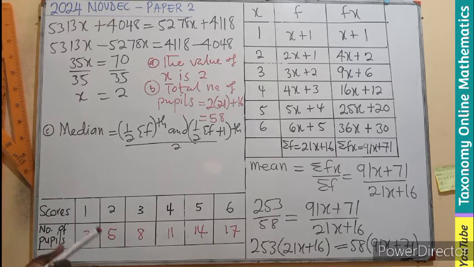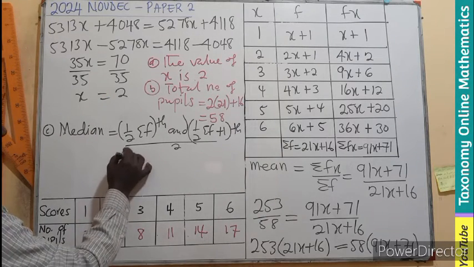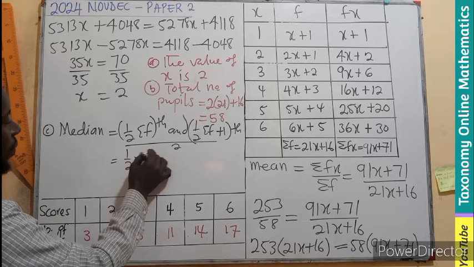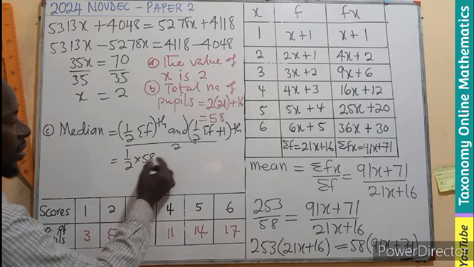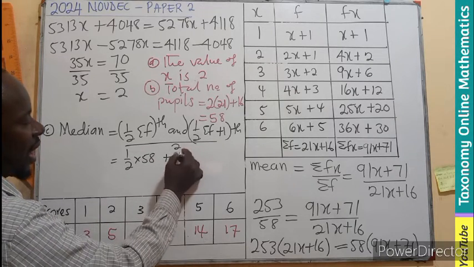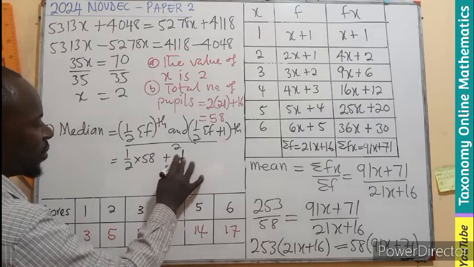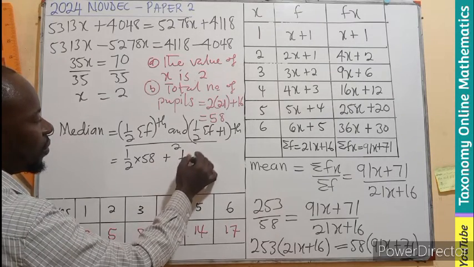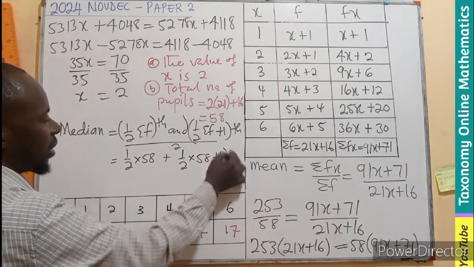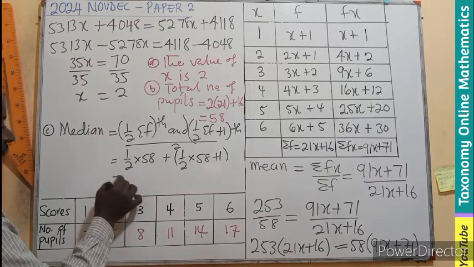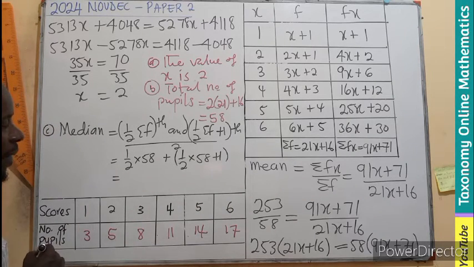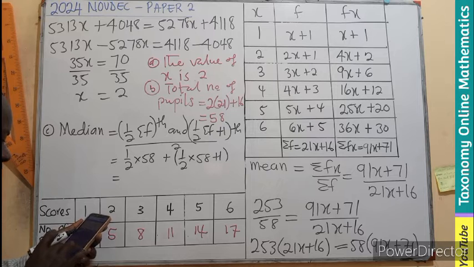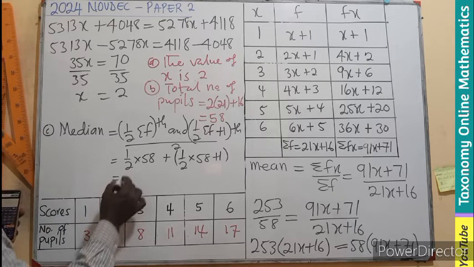So now that we have that, we can say that half of 58 plus the half of 58 plus 1 in the case of this. Half of 58, what do we get? Let's see. That will be 29.